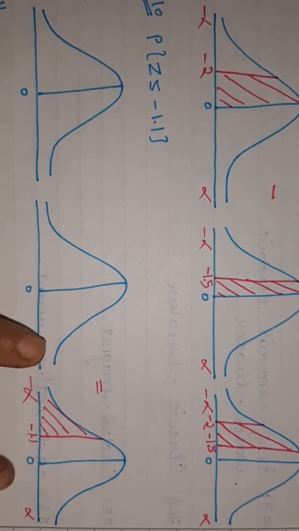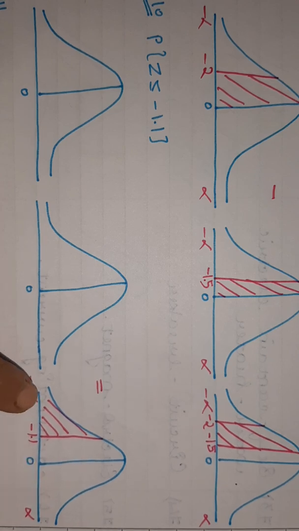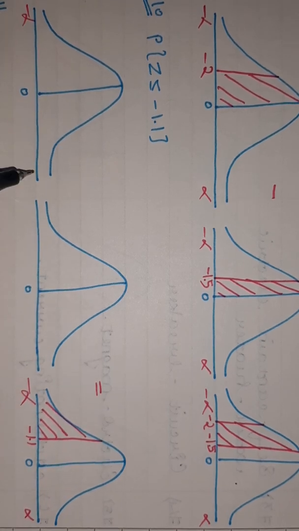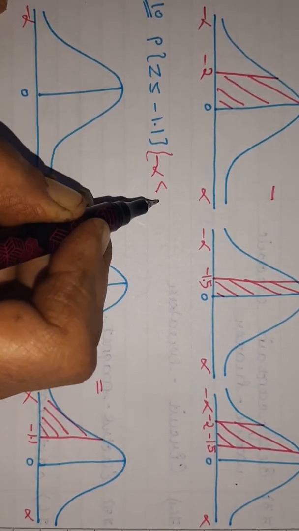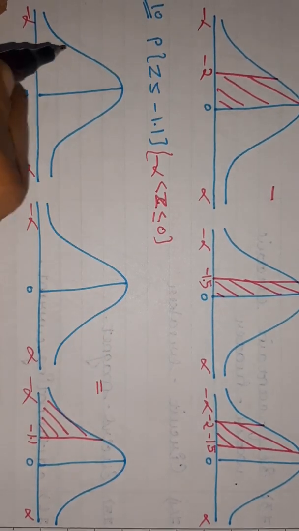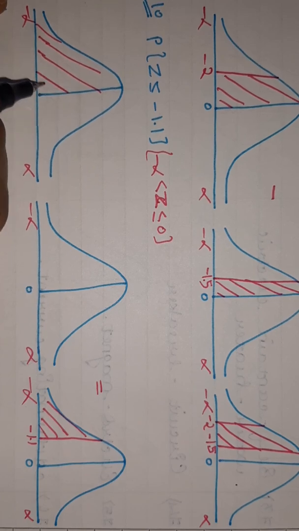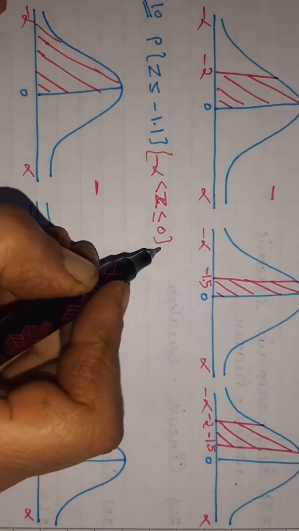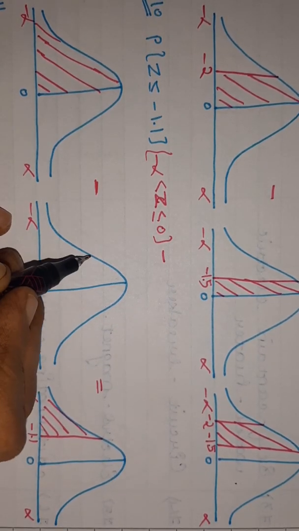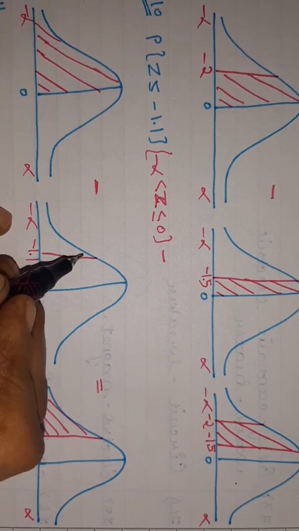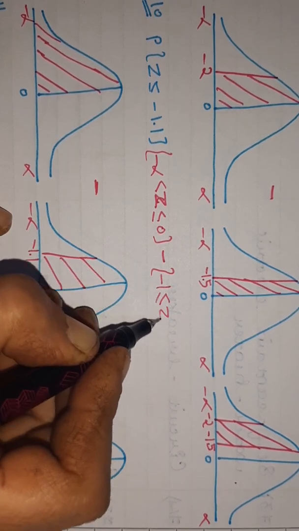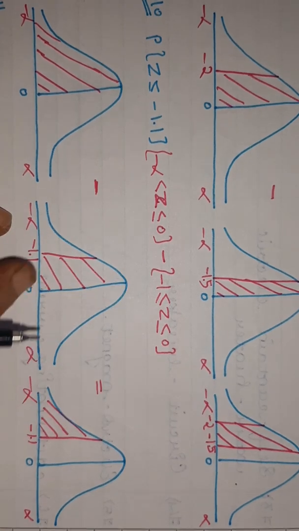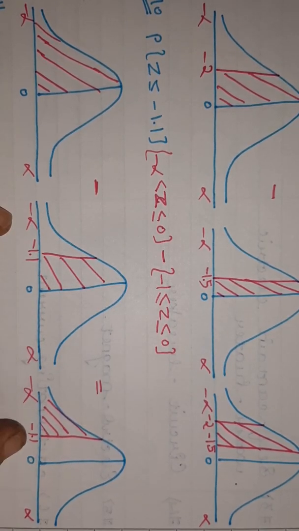Now how do we find this area? From minus infinite to 0, if we subtract minus 1.1 to 0, we get this area. So we write minus infinite less than z less than or equal to 0, which is the full area, minus the area from minus 1.1 to 0, that is minus 1.1 less than or equal to z less than or equal to 0. If we subtract this, we finally get this area.